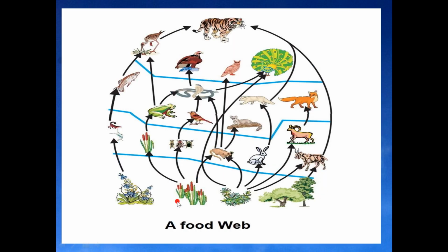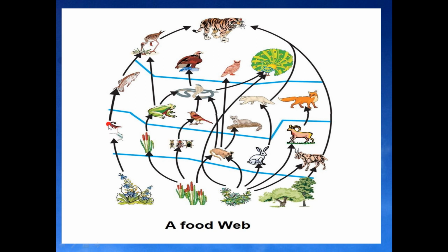For example, these are the grass in that ecosystem. Here are the trees that can produce certain material, fruits or even leaves for the herbivore types of animals. So these are called the herbivores. Here, for example, rabbits are there, then rats, certain flies, and other herbivores.